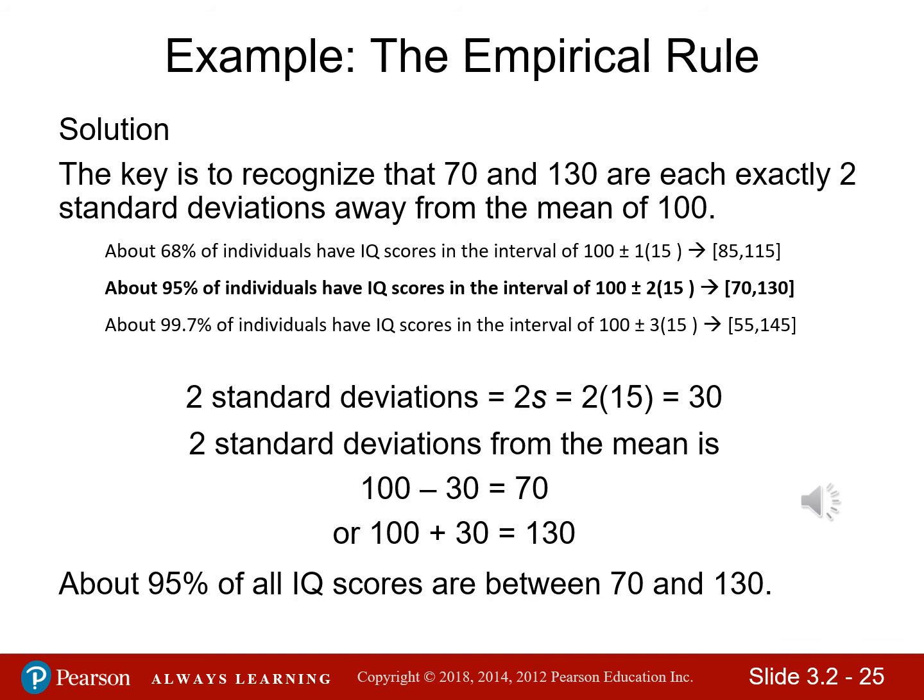And finally, about 99.7% of individuals will have an IQ score of 100 plus or minus 3 times 15, or an interval of 55 to 145. So, using the empirical rule, we can say that about 95% of individuals will have an IQ score that is between 70 and 130.